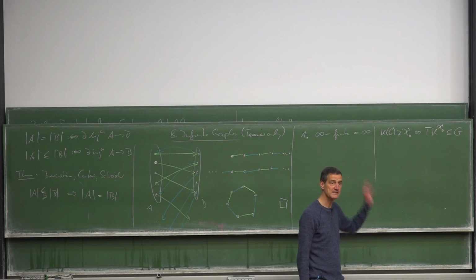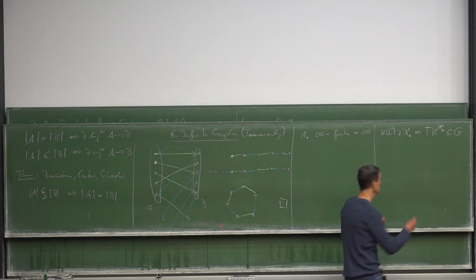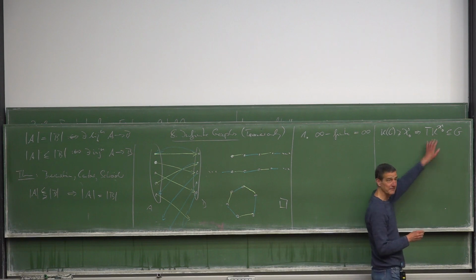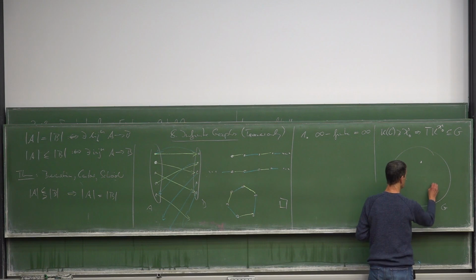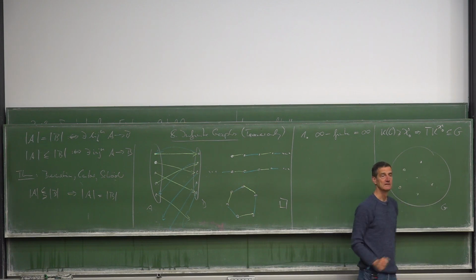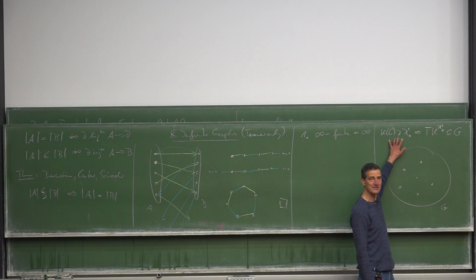Okay, here's how not to prove it. Pick the vertices. Here's our G, right? Now we pick infinitely many vertices. And then we say, yeah, we can easily link them up using that. Answer, no, we can't. Why not?